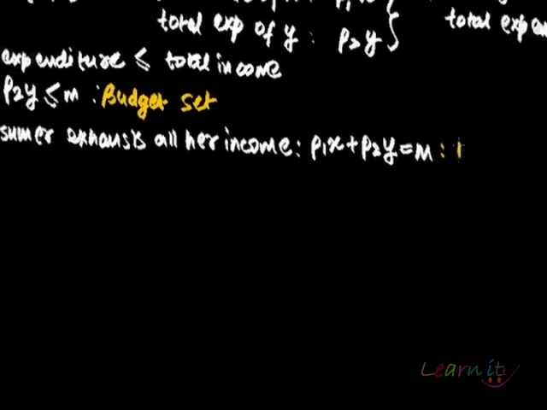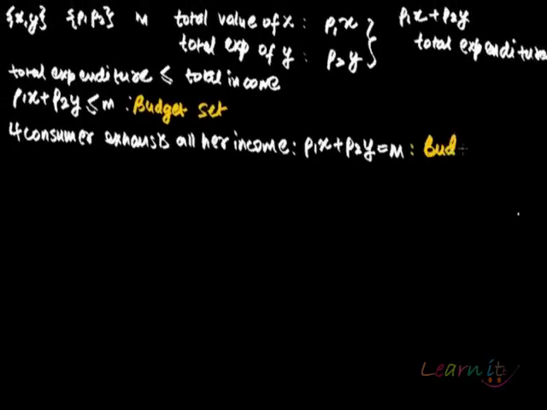Well, this is something which is the budget line. I'll just tell you the difference, a graphical difference also, keeping in mind that P1X plus P2Y equals M.